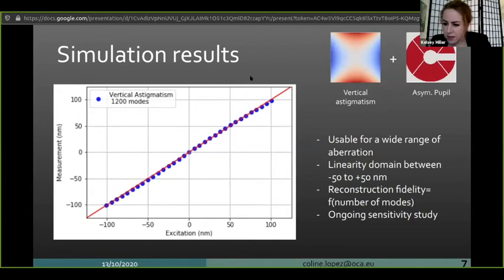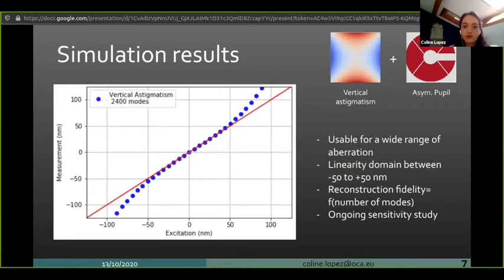Okay, thank you. Then we have another question from Steven Boss, who wants to know if you have tried your algorithms with any different types of pupil plane asymmetries. Yes, I did this experiment with another asymmetrical mask. The result was almost the same, and I've also worked with defocus, and we find the same tendency.